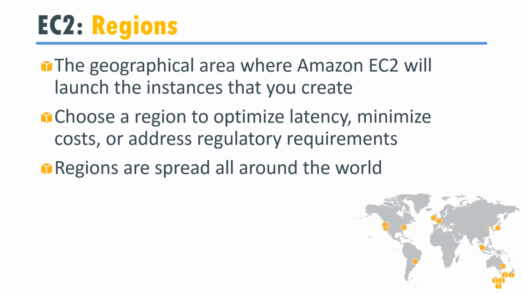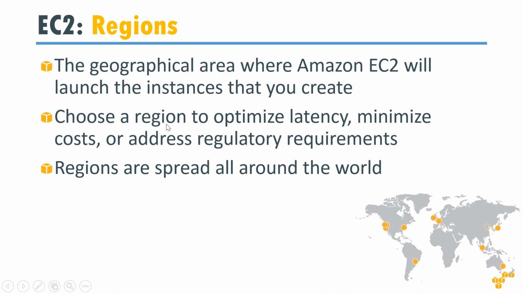Regions are distributed across the world, and you can choose the region depending upon your latency requirements or cost requirements or any regulatory requirements. And you have the flexibility of launching any instance in any of those regions. If you remember in the previous demos, sometimes we went to the Virginia region, for example for EFS, and sometimes we did it in the Mumbai region. You have the complete control of launching an instance in any of the regions that Amazon is giving to you.